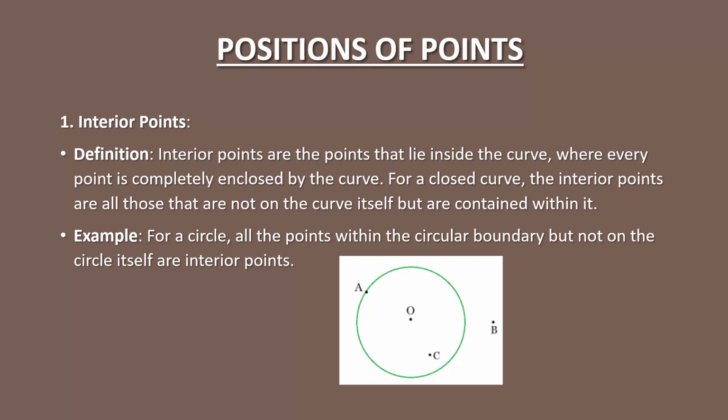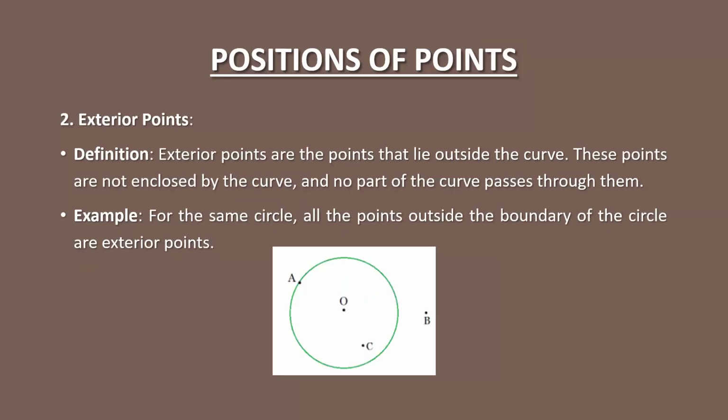So for a circle, all the points within the circular boundary but not on the circle itself are interior points. From this we get an idea that the points lying within the given curve are interior points of a given closed curve.